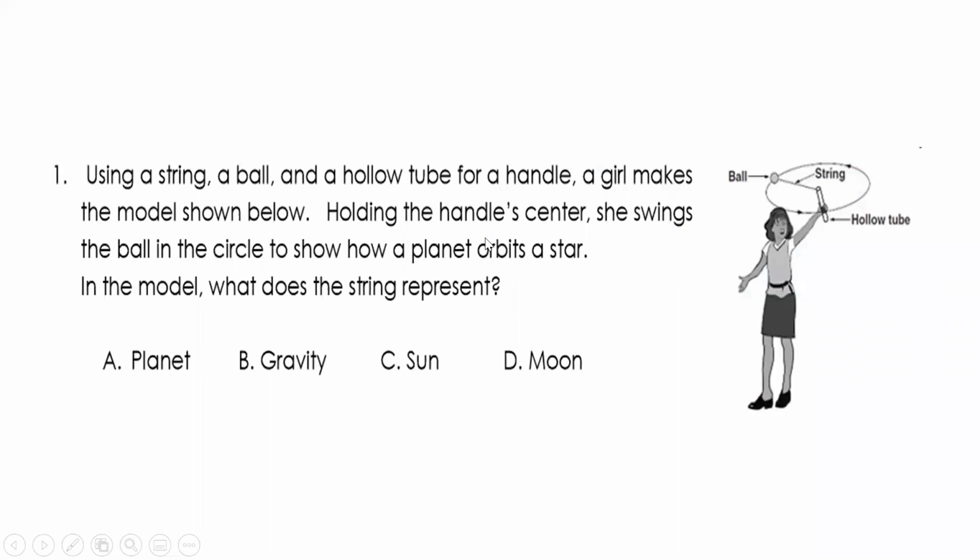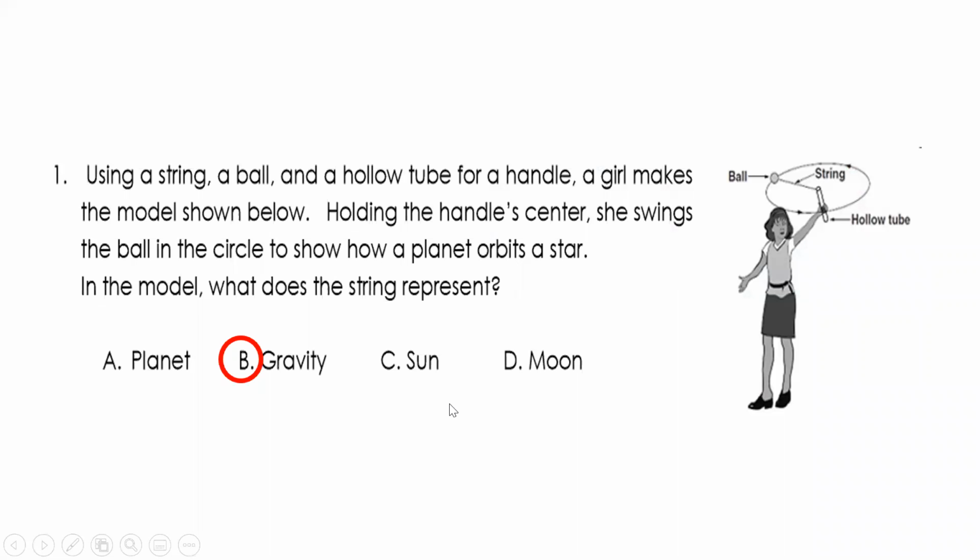Number 1, using a string, a ball, and a hollow tube for a handle, a girl makes the model shown below. Holding the handle center, she swings the ball in a circle to show how a planet orbits a star. What does the ball represent? The planet, and the hollow tube is the star. And what keeps them in orbit?